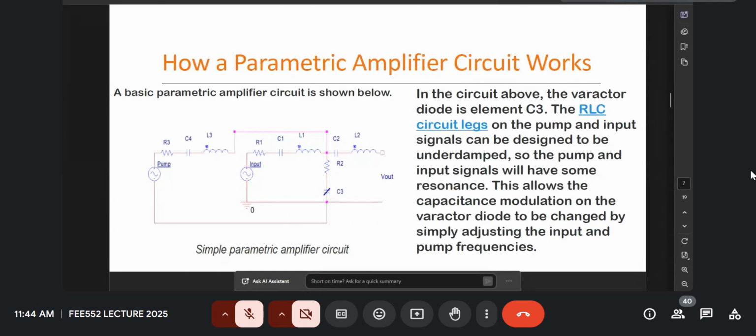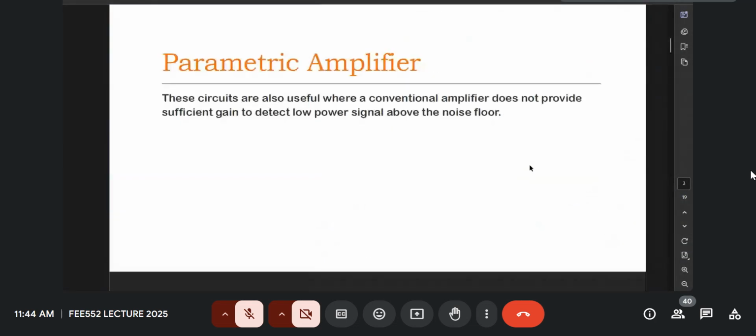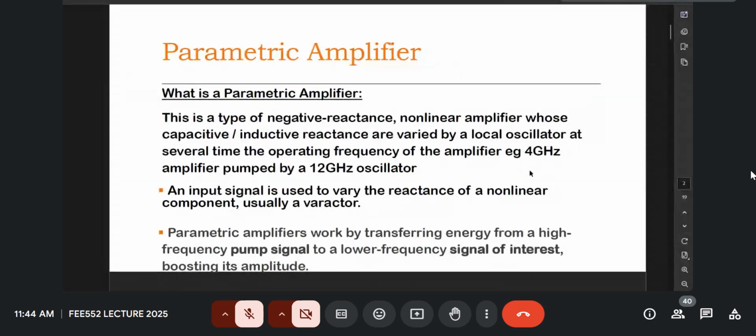Remember, we took use of the capacitive reactance in the introduction. We say that these are a type of non-negative reactance and linear amplifier whose capacitive reactance is varied by a local oscillator, which is FP, at several times the operating frequency of the amplifier. So we use the varactor to make use of its capacitive reactance nature.